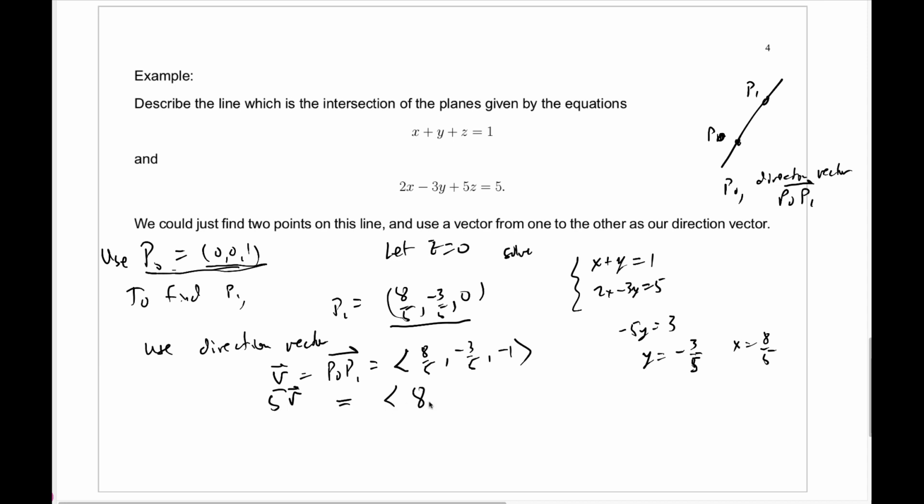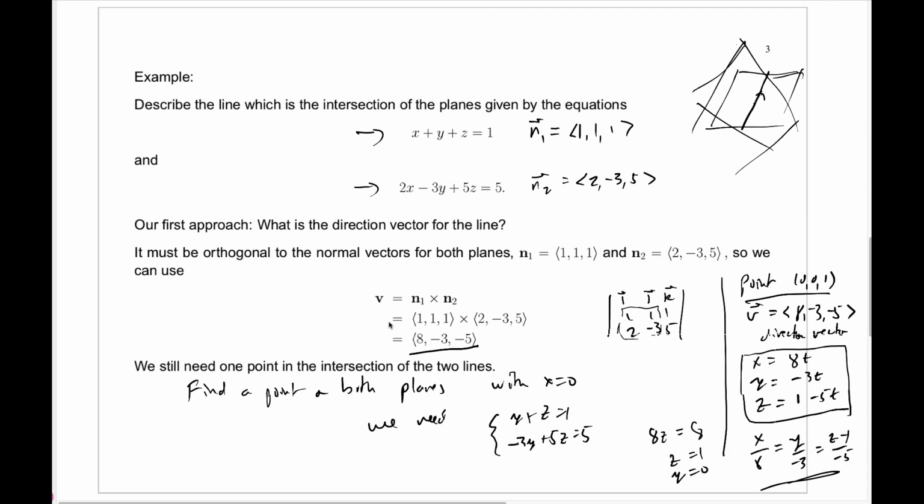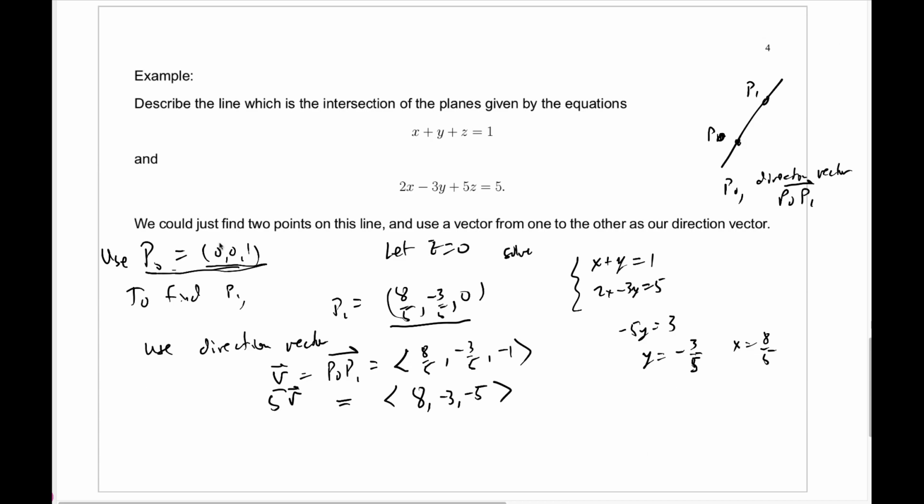This is just the vector 8, negative 3, negative 5, which you'll see was exactly the same as the direction vector we used before. And we're going to use this same point as before, so we get the same line in this manner as well.